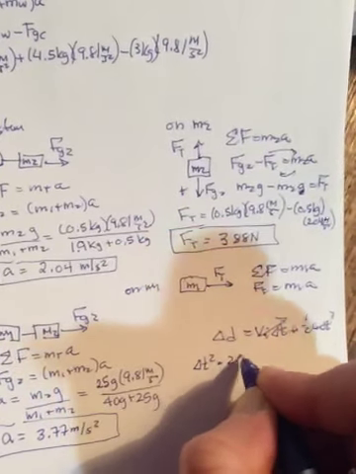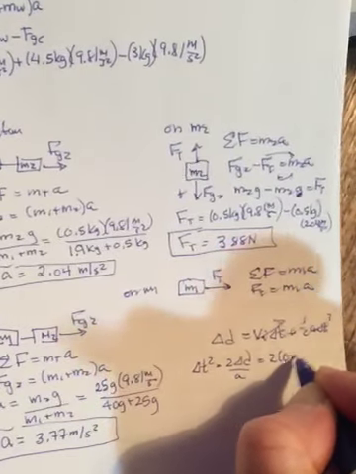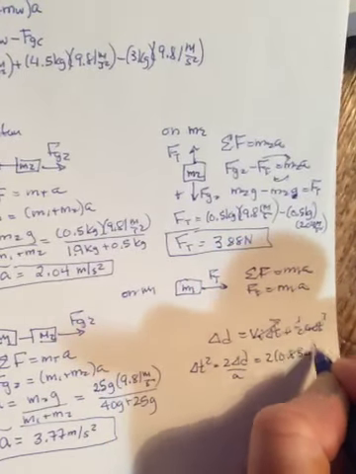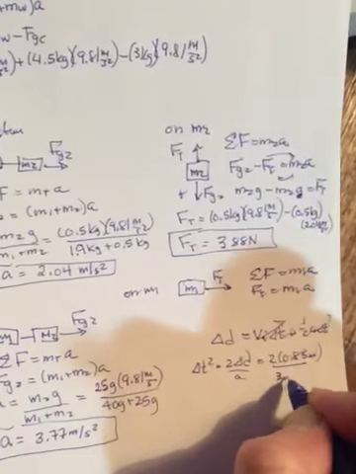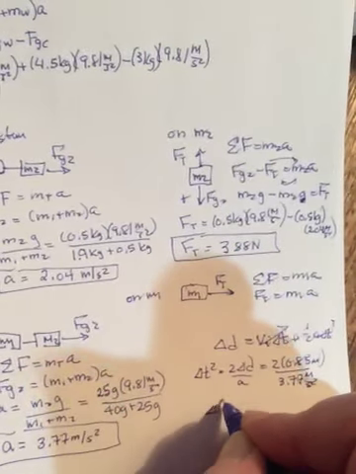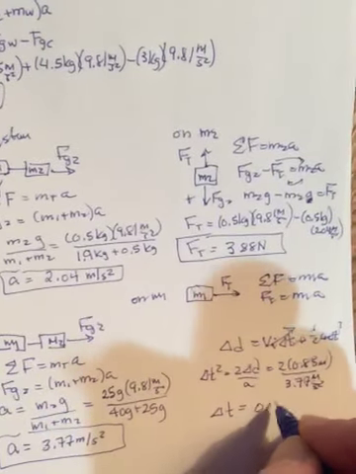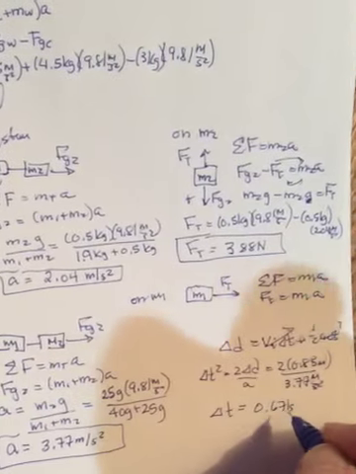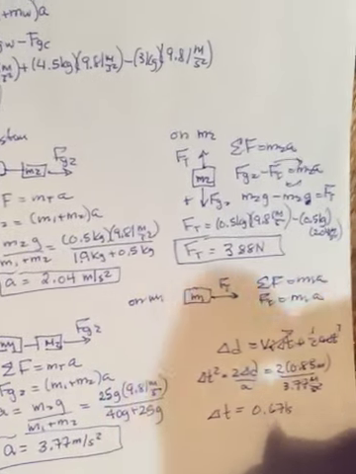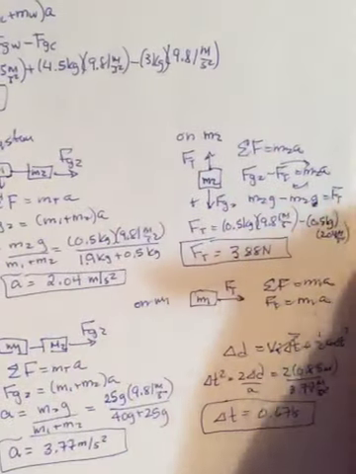So multiply by 2, divide by A. So 2 times 0.85 meters divided by 3.77 meters per second squared. Don't forget to take the square root, and you get 0.671 seconds. If you get 0.45 something, you've forgotten to take the square root. Alright, so there's your homework.